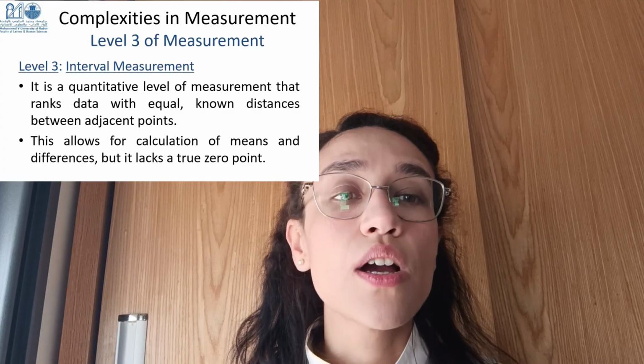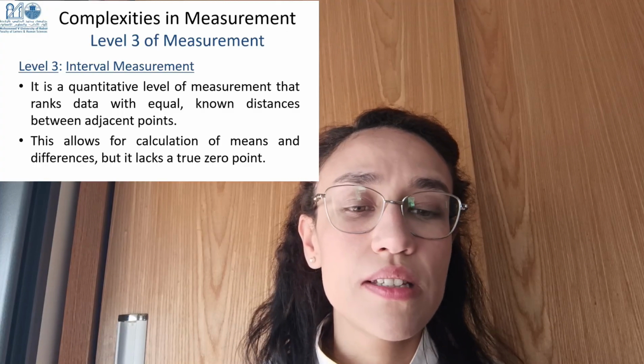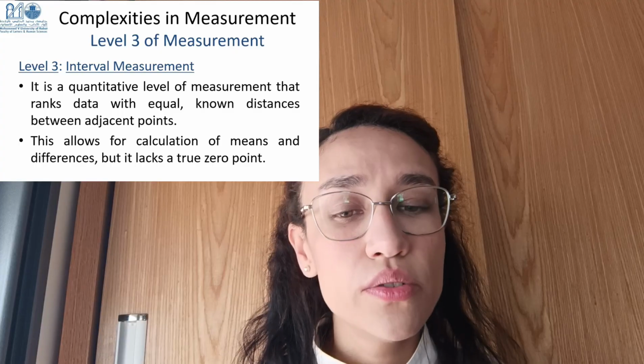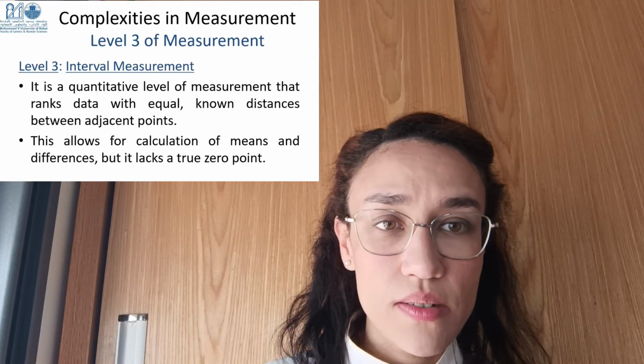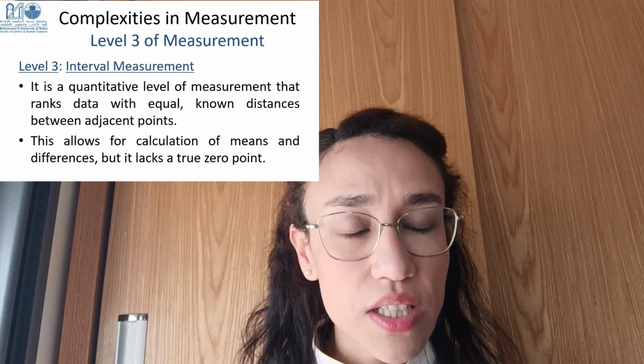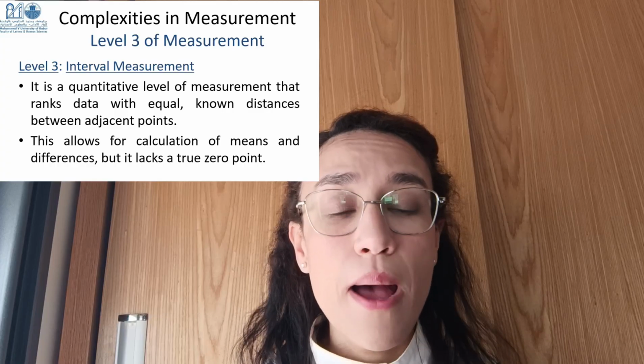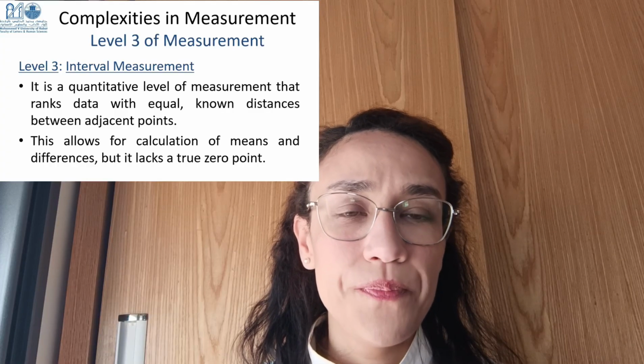Interval measurements is a quantitative level of measurement that ranks data with equal known distances between adjacent points. This allows for calculation of means and differences, but it lacks a true zero point.